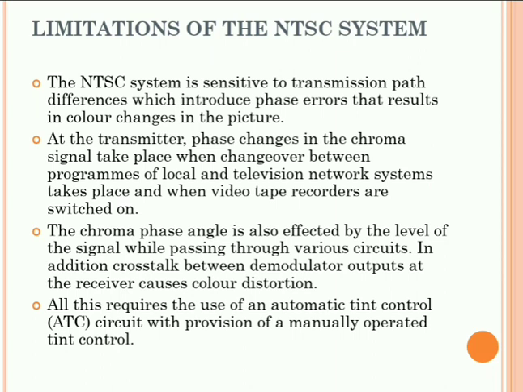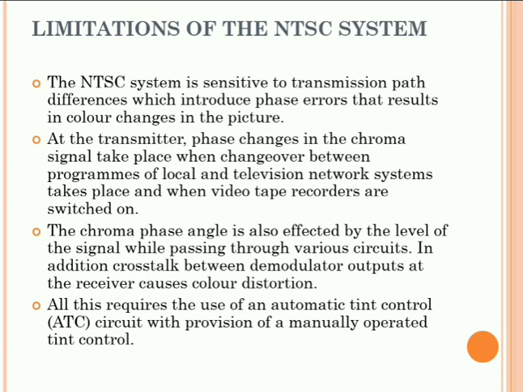Then we use the chroma bandpass amplifier, and after that a burst keyer or burst separator. When we use the burst separator, we switch off the chroma bandpass amplifier for the monochrome television system. The output of the chroma bandpass amplifier, that is the chrominance signal, is given as input to the synchronous demodulator.